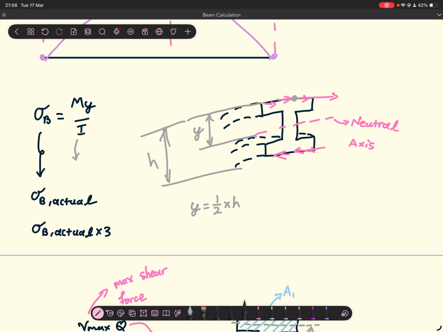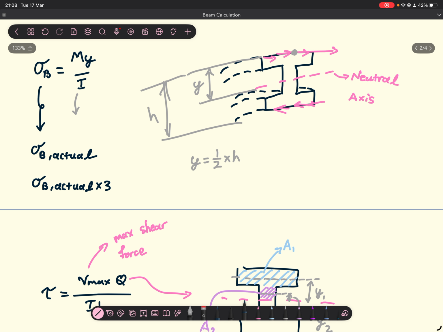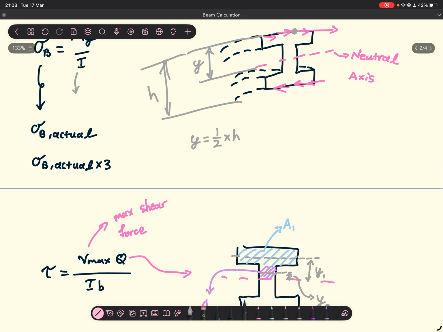That's multiplying it by your safety factor, and we're considering the case where the bending stress has spiked to 3 times more, and we're designing for that case.